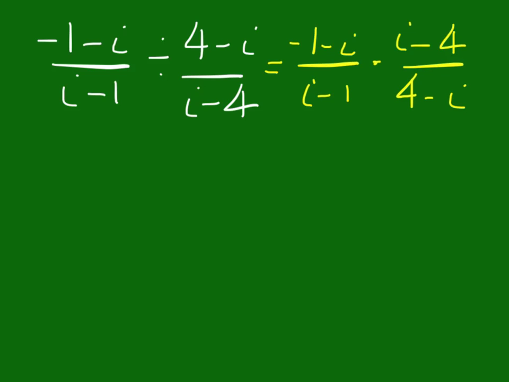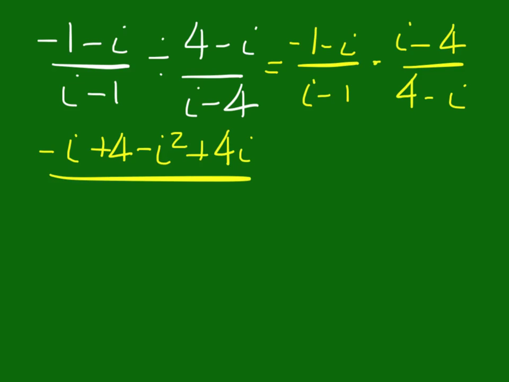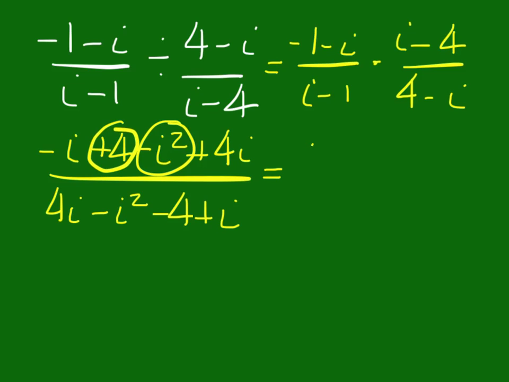Alright, with that, if you multiplied straight across, you'll come up with negative I plus 4 minus I squared plus 4I. And then on the bottom, you would come up with 4I minus I squared minus 4 plus I. On the top, that's 1, and 4 is 5, minus I plus 4I is plus 3I.